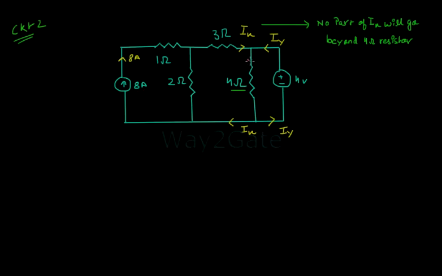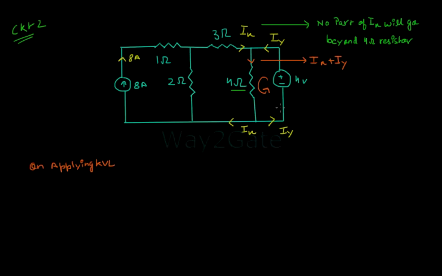So, coming back to the other half of the circuit, current passing through the 4 ohm resistance is equal to Ix plus Iy, as both the directions of Ix and Iy are the same, that is downwards, as current direction is considered clockwise on applying KVL in this loop.